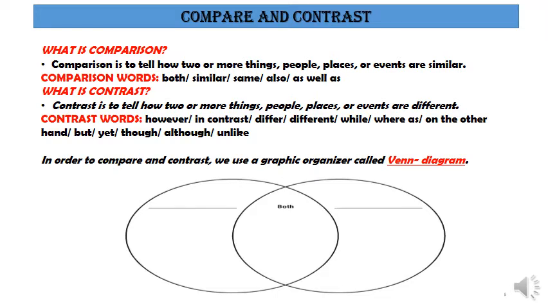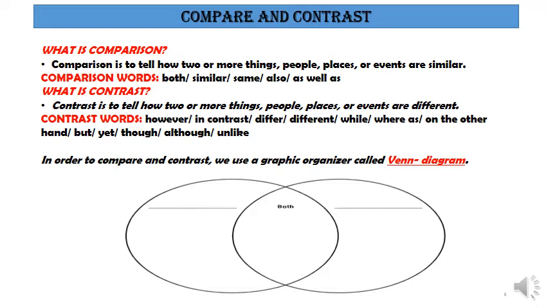So when I'm comparing, I am stating the similarities. What are some words that I use in order to compare? I may use both, similar to, same, also, as well as, similarly. So keep this in mind. When we compare, we are stating the similarities, not the differences.